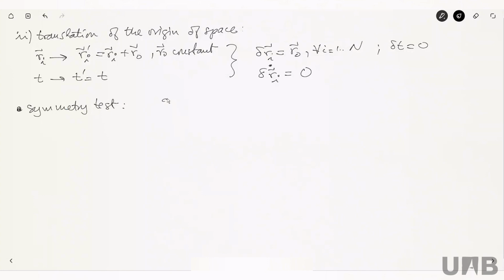Symmetry test is the derivative of L with respect to Ri, delta Ri, sum from i equals 1 up to capital N, and then there is nothing else. There is no delta T, there is nothing else, okay? So that means that this thing has to be 0. But of course, this is the same as the derivative of L with respect to Ri, and delta Ri in this case is R0, and this is the scalar product, the dot product, sum from i equals 1 up to N. But what is the derivative of L with respect to Ri?